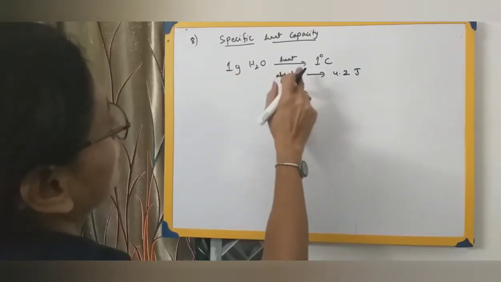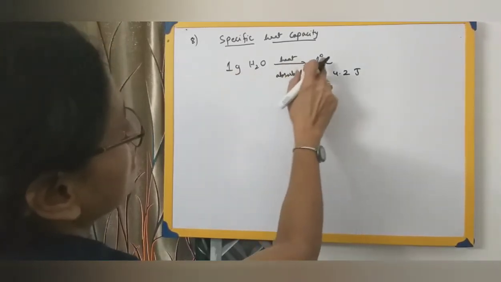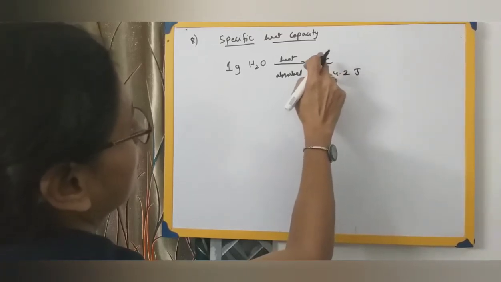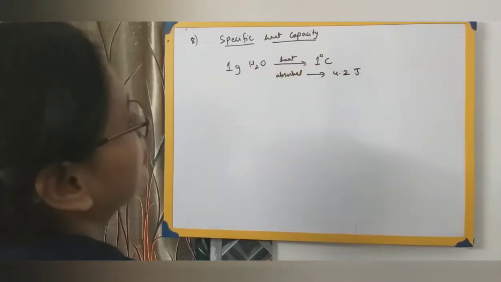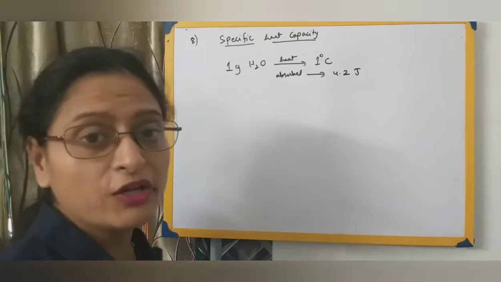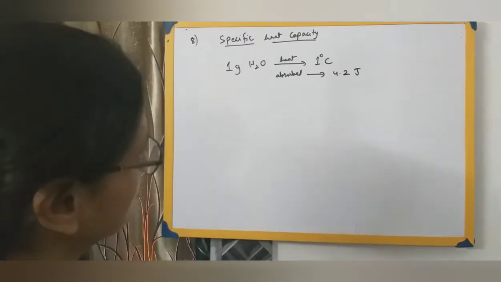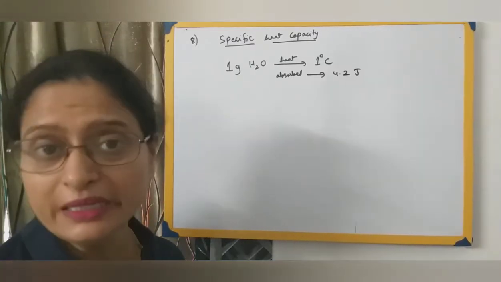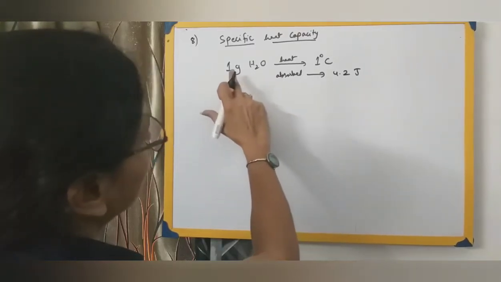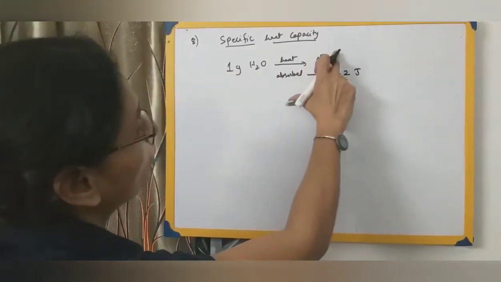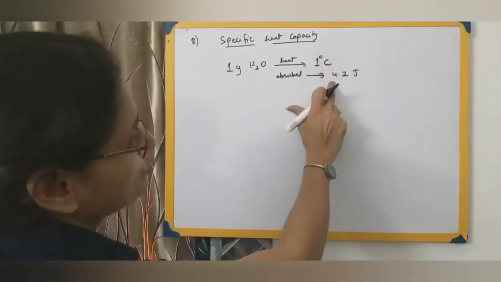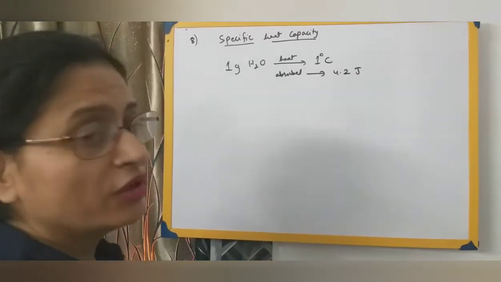So to increase the temperature of 1 gram of water by 1 degree Celsius, it is absorbing 4.2 joules of energy.